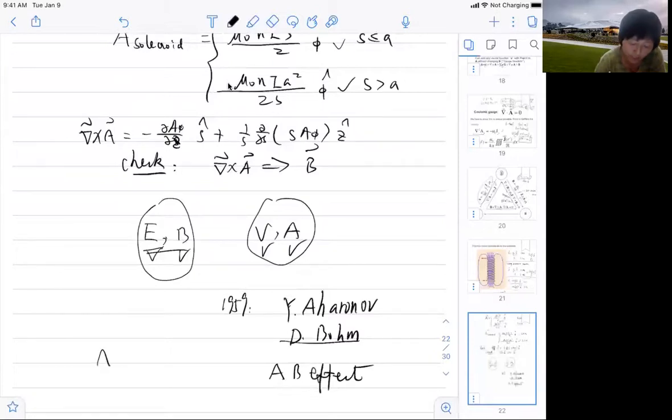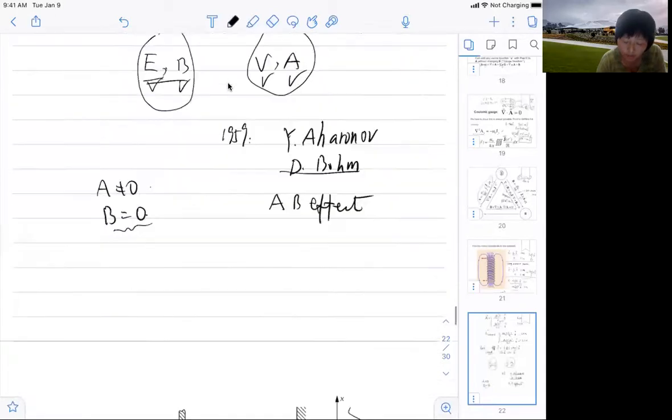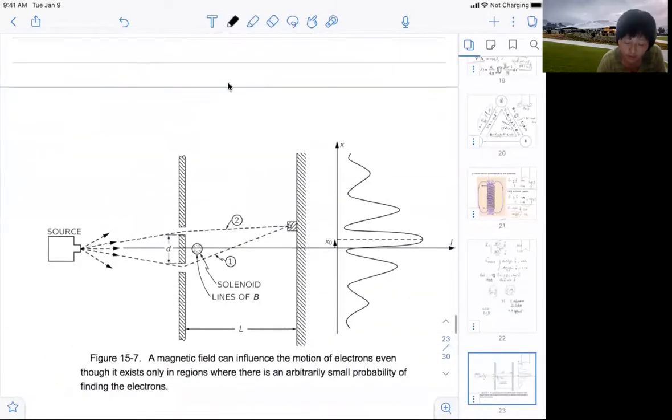So it's possible for A to be non-zero but B is 0. And if you argue B is more fundamental, then your particle should not be affected by a 0 B. However, for example, they did this experiment of having a solenoid here, right?